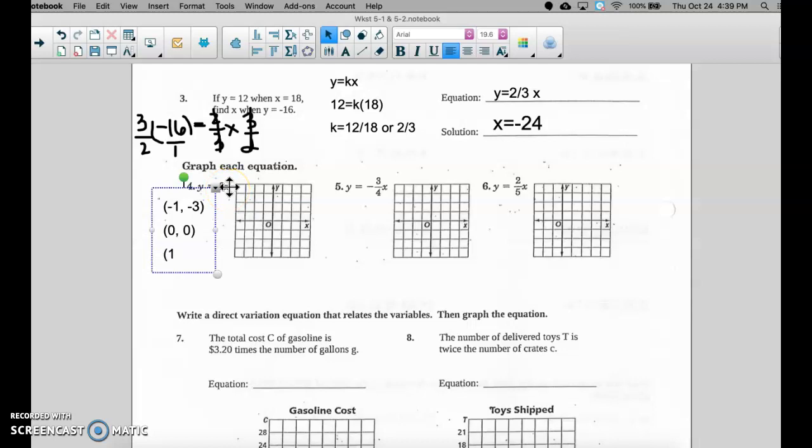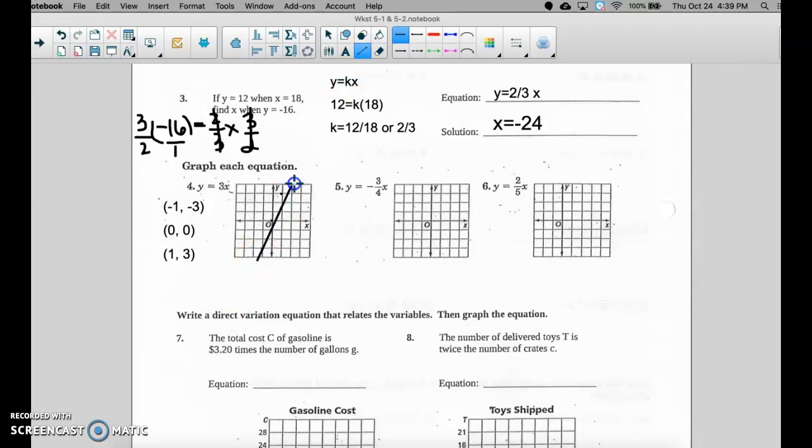When I plug in 1, I get 3. Once I have plugged in 3 values for x and gotten out 3 y's, I can plot them on my graph. I can go negative 1 for my x, negative 3 for my y. I can go 0, 0, and then I can go over 1 up 3. Once I have that, this is the easy part, I just connect those dots right through.